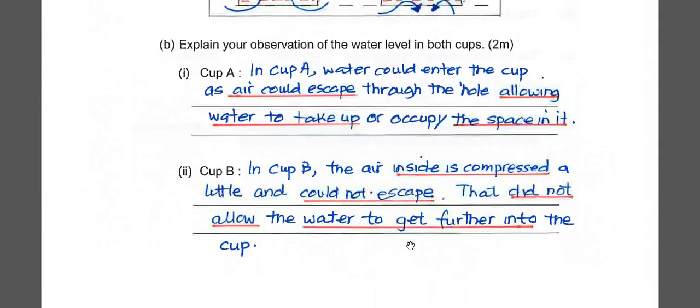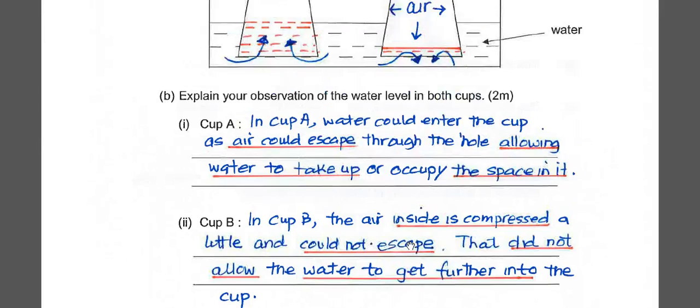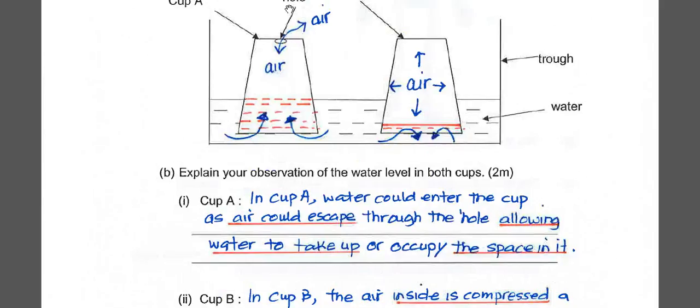This is how you should learn how to explain. Explain your observation of water level in both cups. Cup A, I'll leave this for you to copy down your corrections, but I'll just read. In cup A, water could enter the cup as the air could escape.